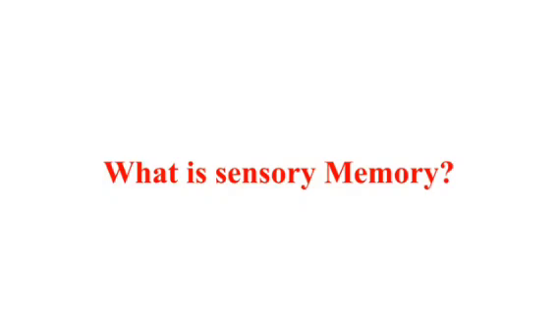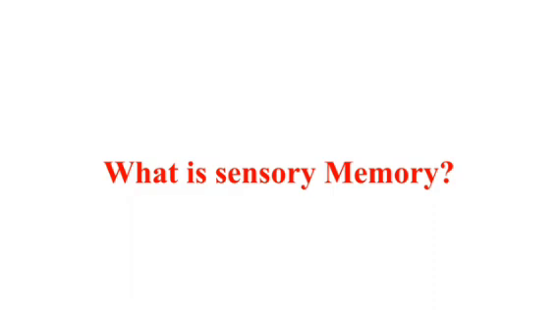So what is the sensory memory? Let us start with it. In this there are two words, one is sensory and the other is memory. We know the meaning of memory, but what is sensory? Sensory means our senses, that is, human senses. There are three major senses: sight, that is the eye, hearing and touch.